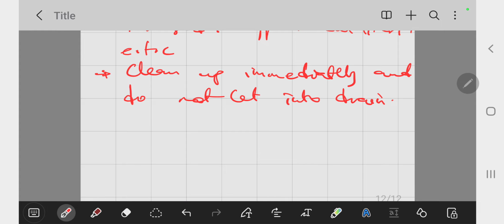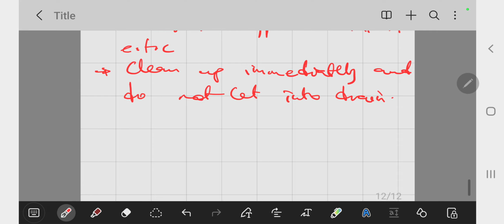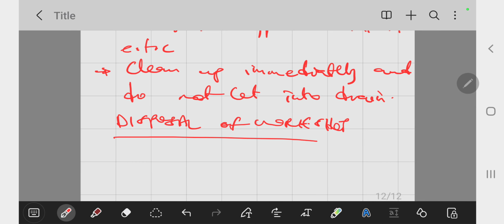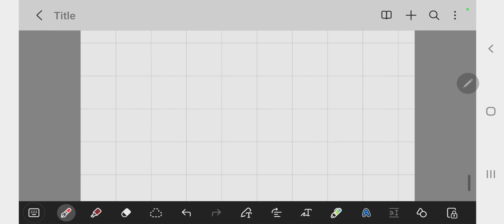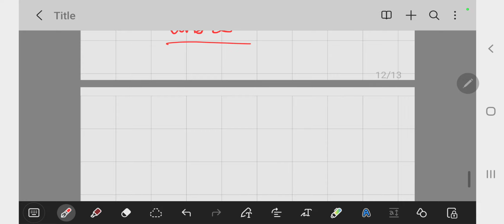So now let's look at how you can dispose of workshop waste. Disposal of workshop waste. It's very important that you don't just contaminate the environment.